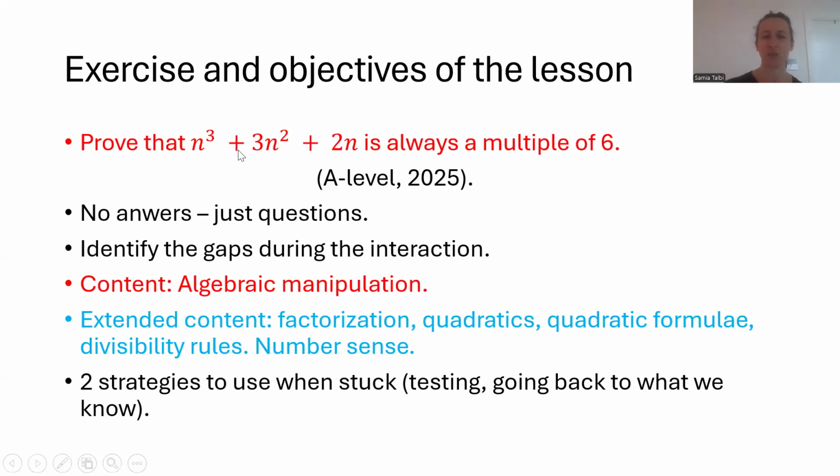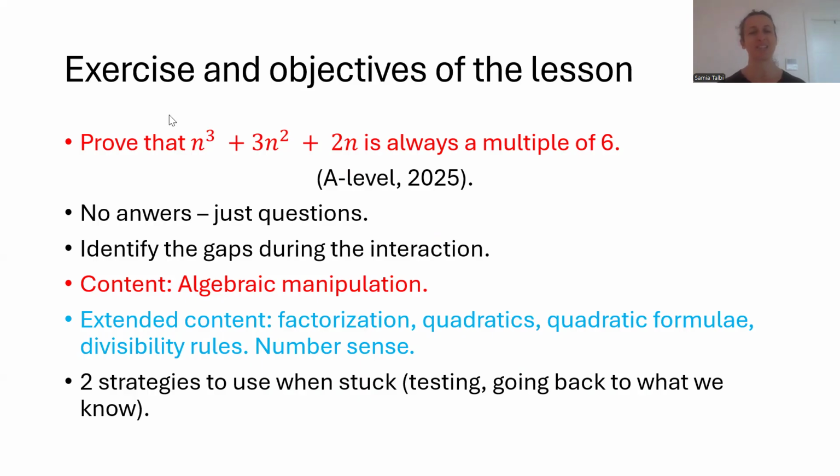So n cubed, 3n squared, 2n, multiple of 6. I would listen to your reactions. What do you think you would do? Yes, the feeling of being stuck and not really knowing what to do is normal.